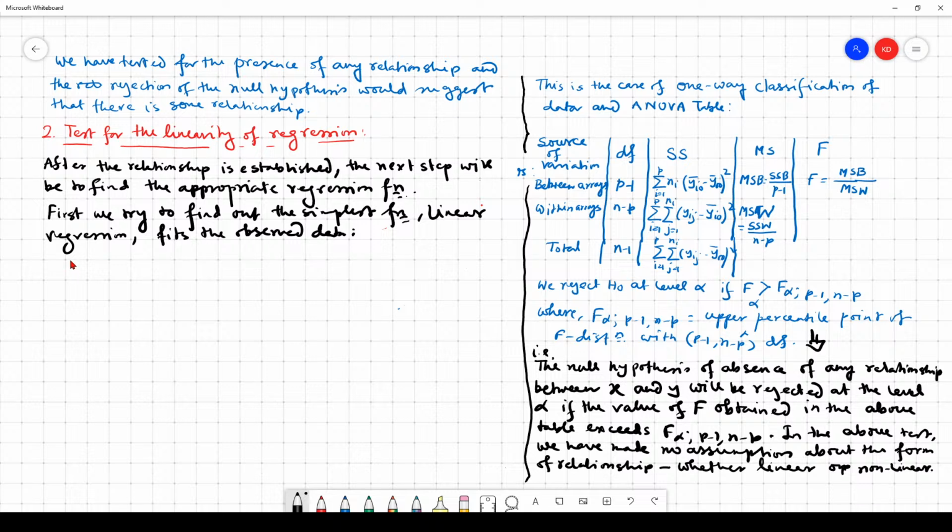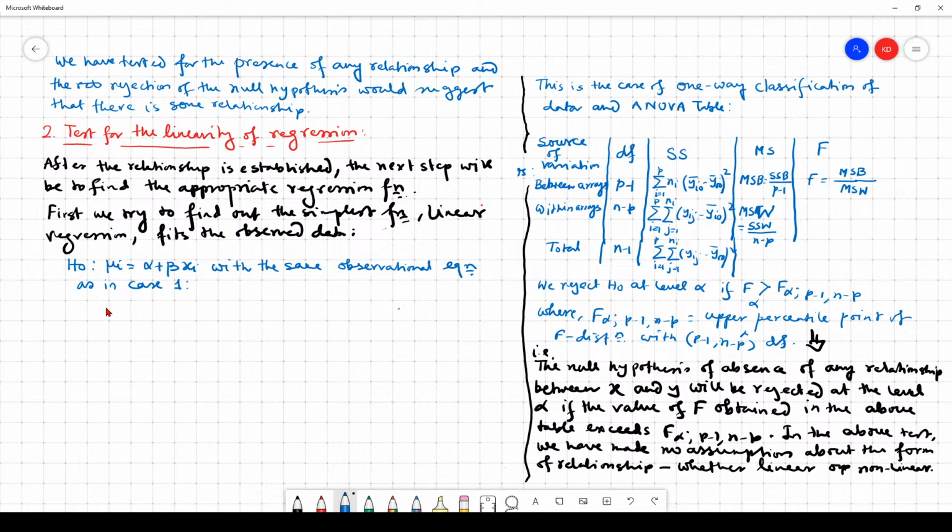So the null hypothesis is mu i is equal to alpha plus beta xi, with the same observational equation as in case 1, which I just discussed.